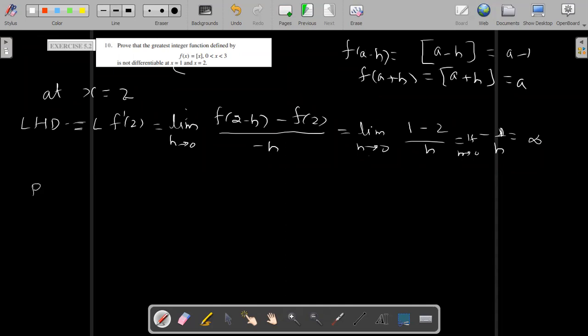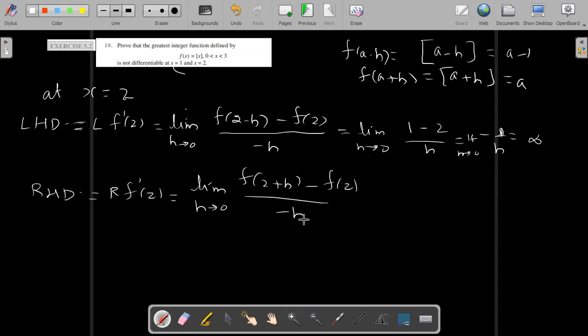And similarly, if you find the right hand derivative, R f dash 2 will be equal to limit h tending to 0 of f(2 plus h) minus f(2) upon h, positive h, not negative. So what is 2 plus h? As I told you, a plus h gives a, so 2 plus h will be equal to 2 only.